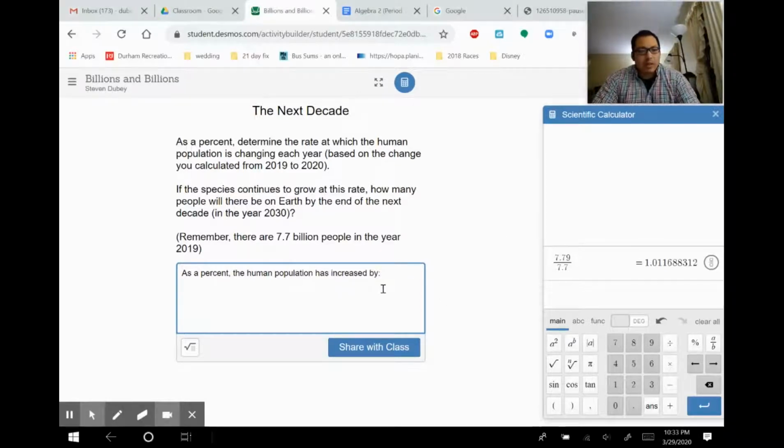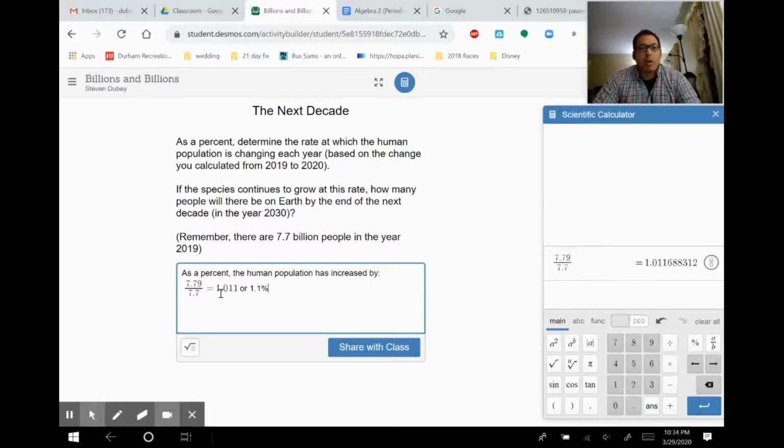Okay, so I can say it's increased by, and I can actually just copy and paste this from here. So let me copy, Control C, and then if I try to paste, it comes out funky. So instead, let me type some math, and I'll say this comes out to about 1.011, call it 1.1%.